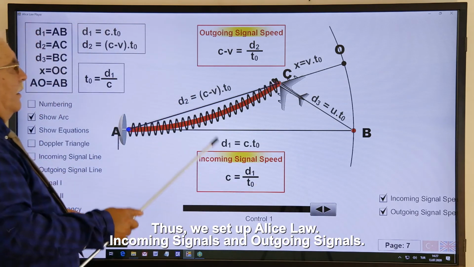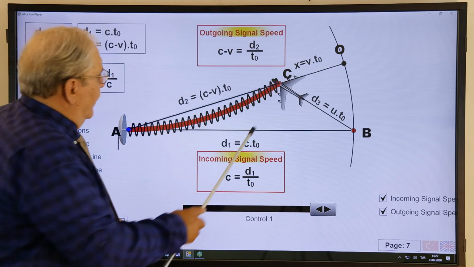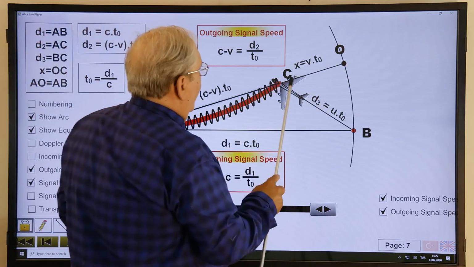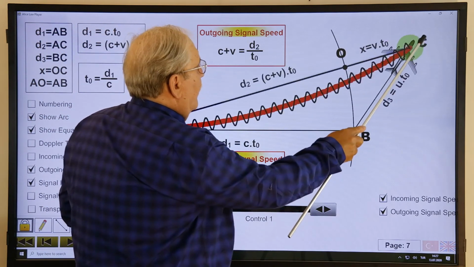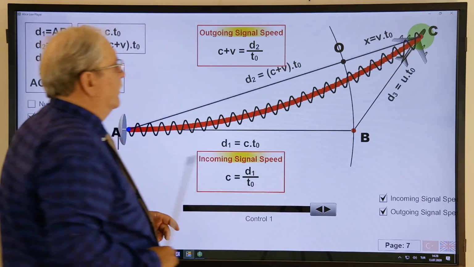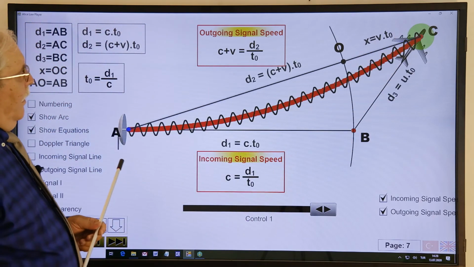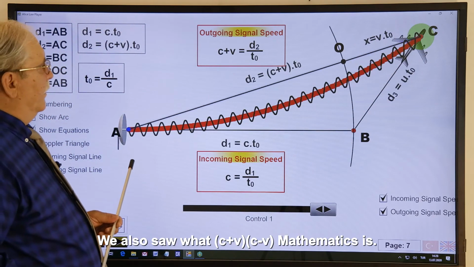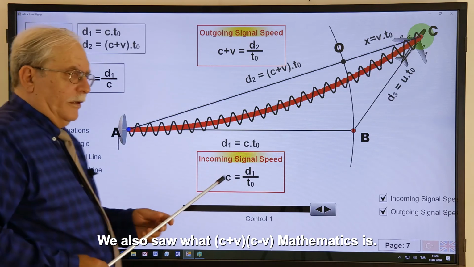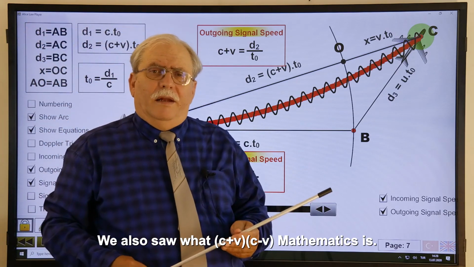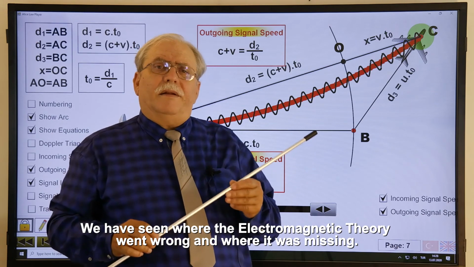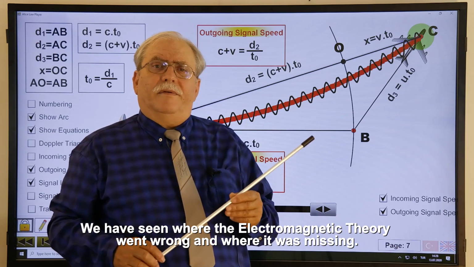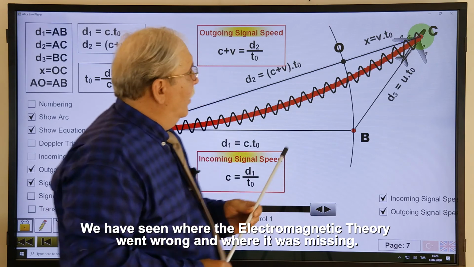Incoming signals and outgoing signals. We also saw what c plus v, c minus v mathematics is. We have seen where the electromagnetic theory went wrong and where it was missing.